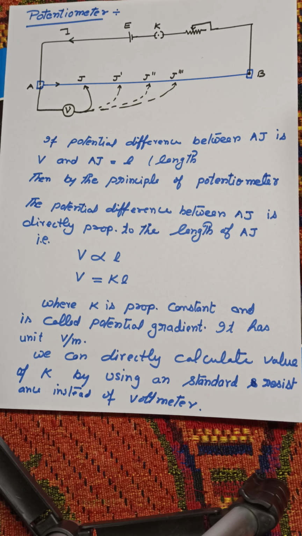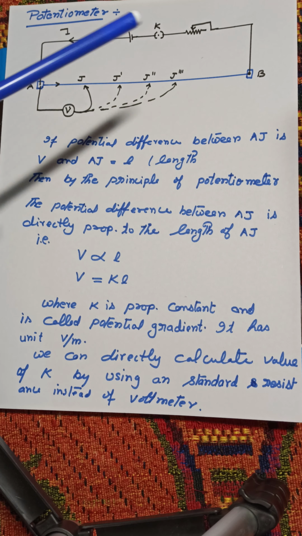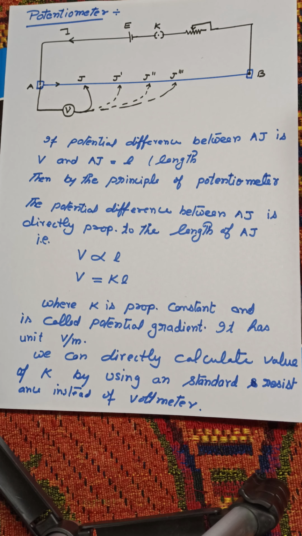As you can see, it consists of a long and uniform metallic wire AB with one end A connected to the positive terminal of the battery and the other end connected to the negative terminal of the battery, along with a key and rheostat.